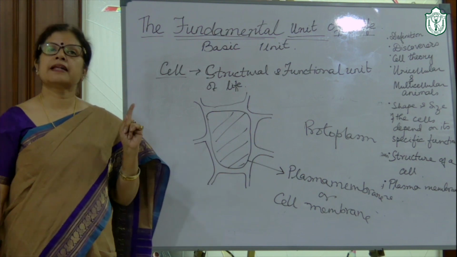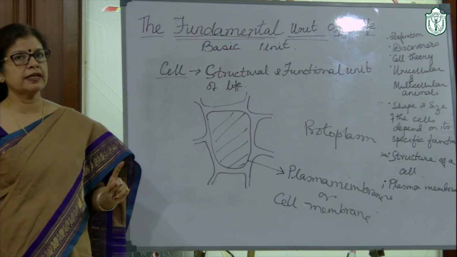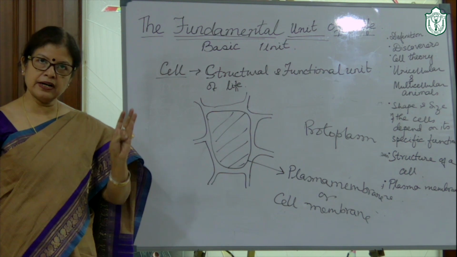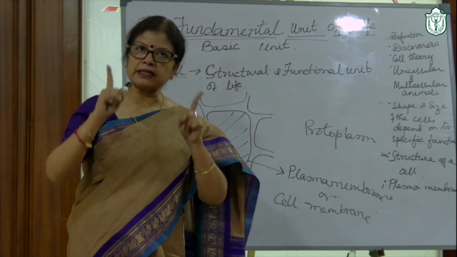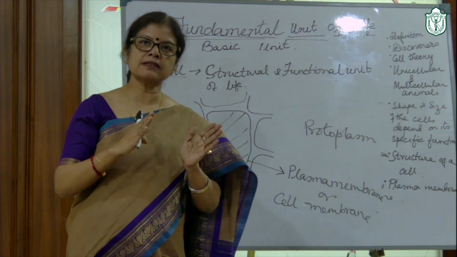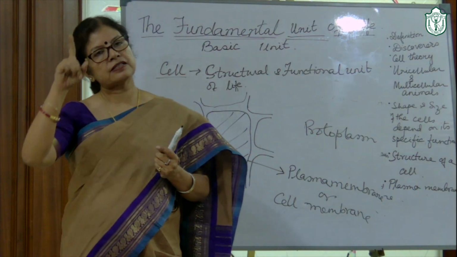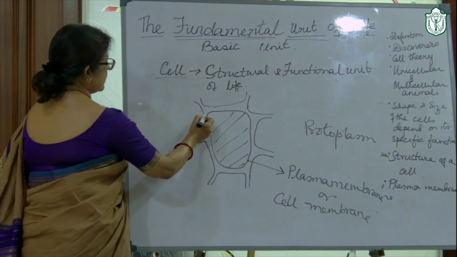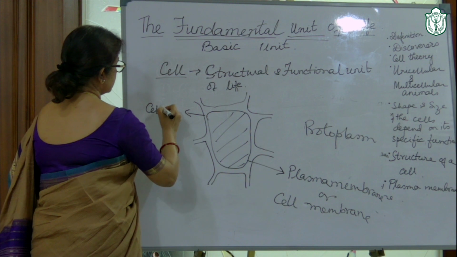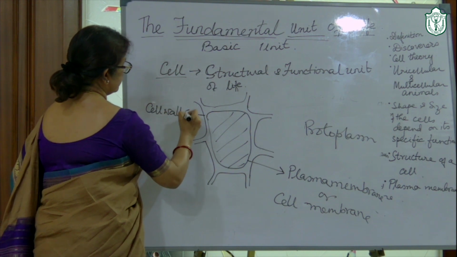But there is an additional outer covering in the case of bacteria and in the case of plant cells. You will find there is an extra outer covering surrounding the plasma membrane. That outer covering is called the cell wall.